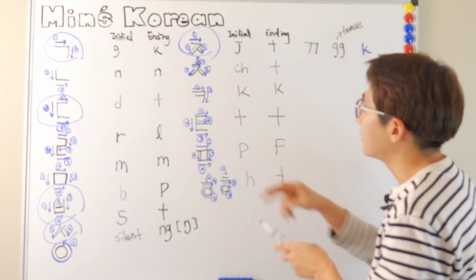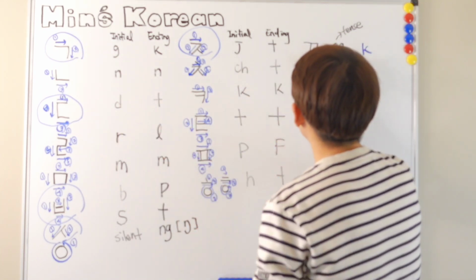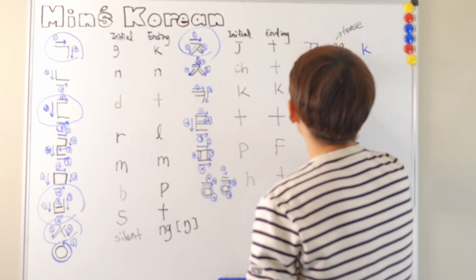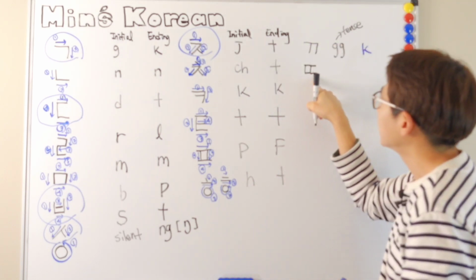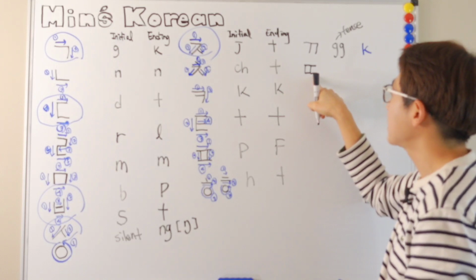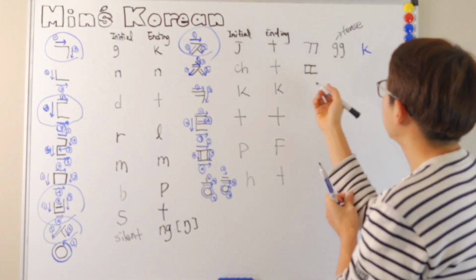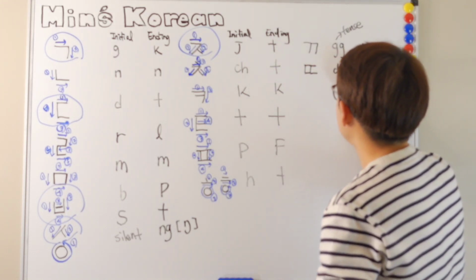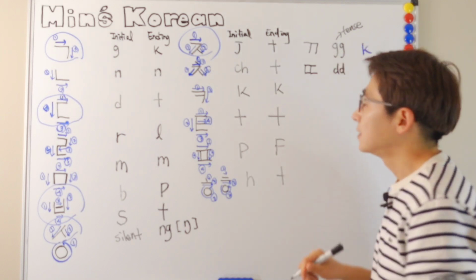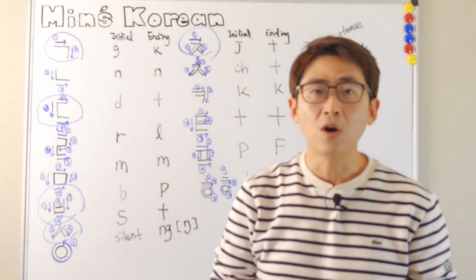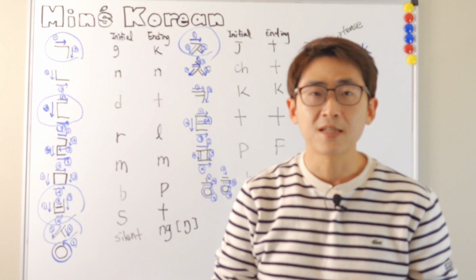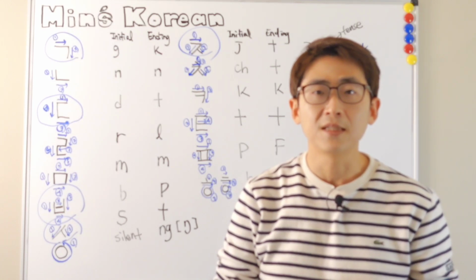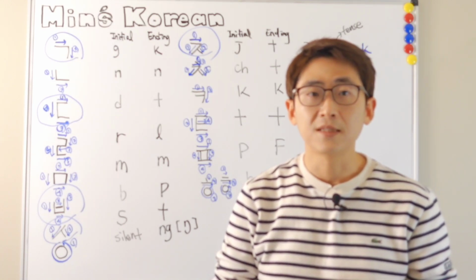And next we have this one. So we put these together, just right next to each other, and then this one makes the sound of this one. So it's not d, it's d, d, d, okay?